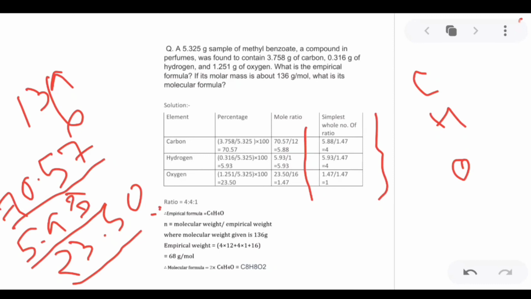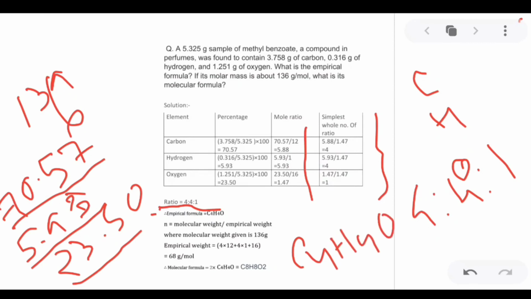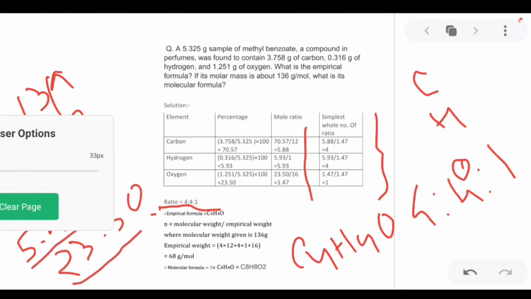So the ratio is 4:4:1. Therefore the empirical formula is C4H4O.